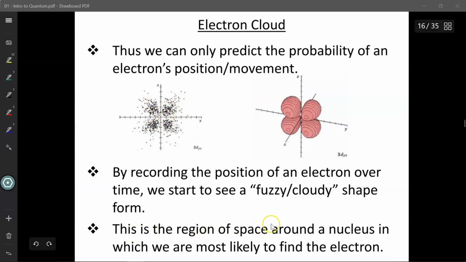This is the region of space around a nucleus in which we are most likely to find the electron. And we call this an electron cloud because it's not a hard defined shape where the electron must be here. It's a cloudy fuzzy area where we're most likely to find the electron 90% of the time. And then out here, it's not impossible for the electron to be out here, it's just improbable for the electron to be out here.